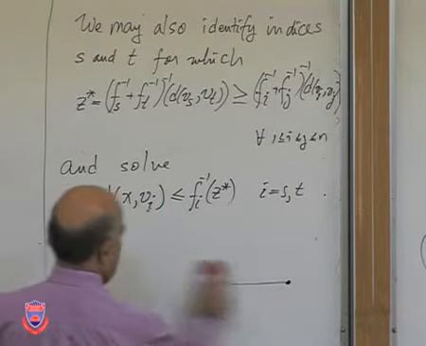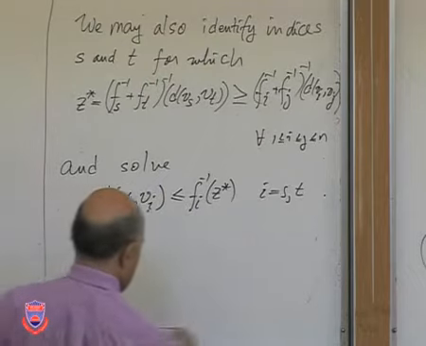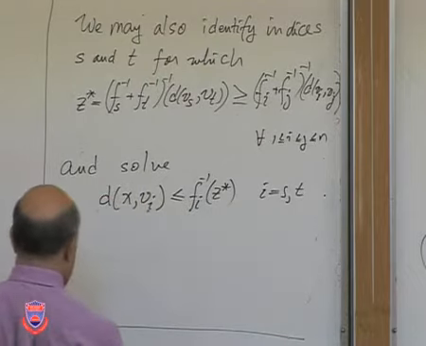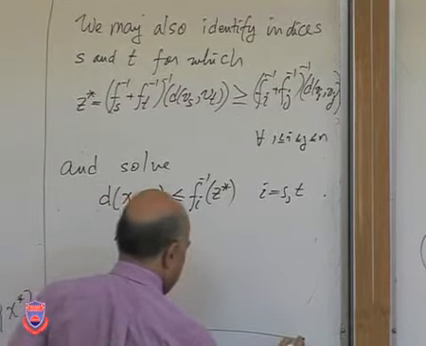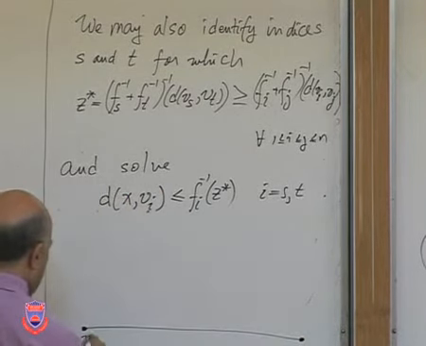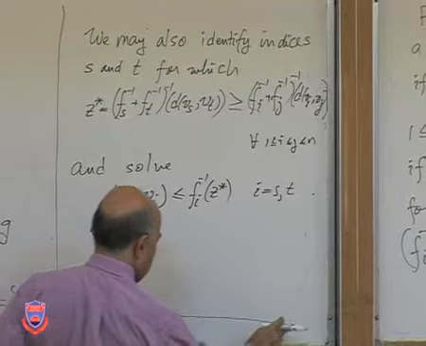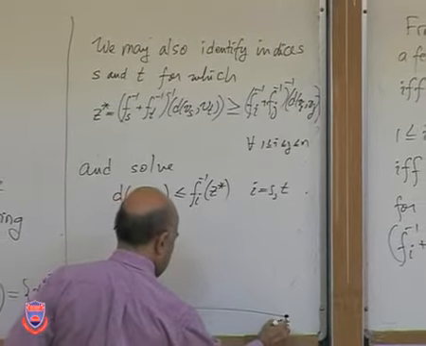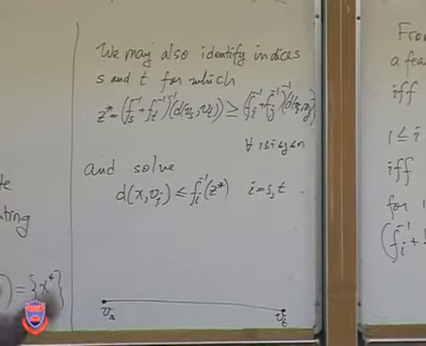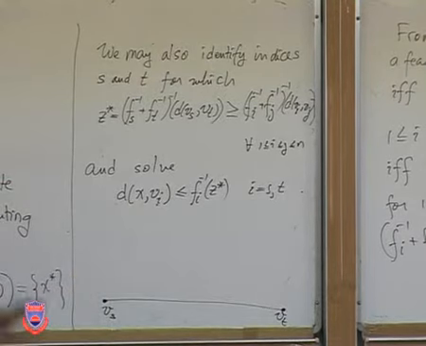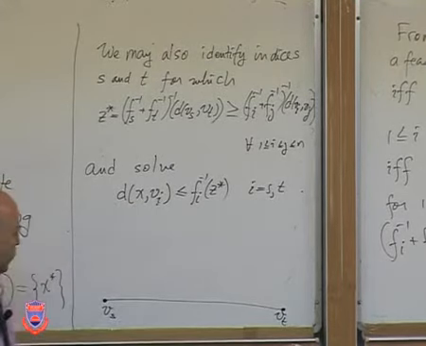Let me show it here. If you think of this as the path between Vs and Vt, two vertices in the tree, this is the unique path connecting them.